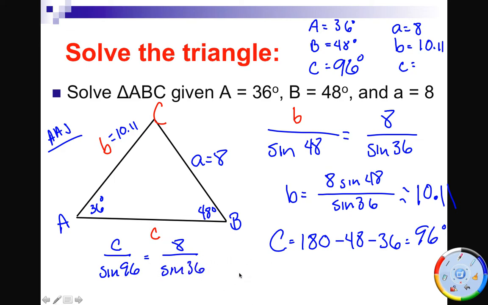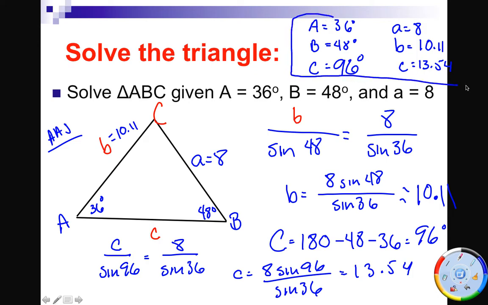Multiply by sine of 96 tells me that little c is 8 times the sine of 96 divided by the sine of 36. And that is, really quick, 13.54. So I come up here and fill in my last little box. And I go, hey, I've solved this triangle because I know all 6 parts to my triangle now.